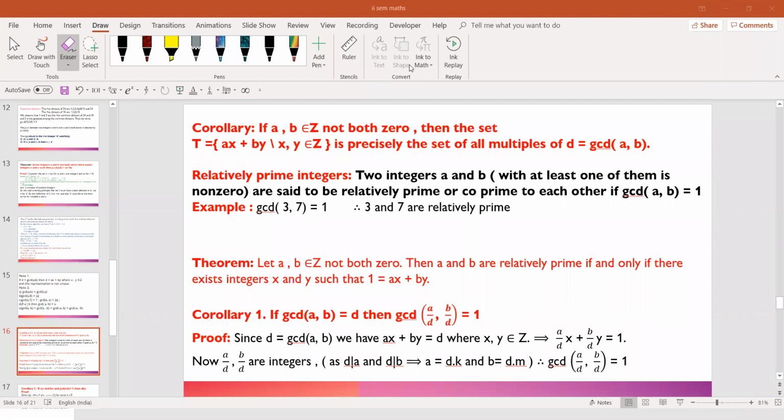Srinidhi, 11 and 13. Venus, 6 and 7, 3 and 7, correct. Such integers are called co-prime or relatively prime if their greatest common divisor is 1. 6 and 7, 5 and 7, all are correct. Aisha Kanu, 5 and 7, correct.